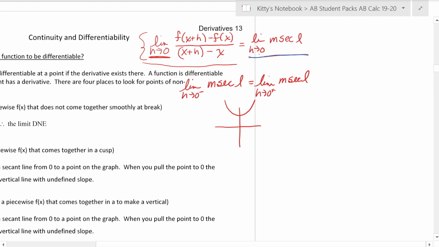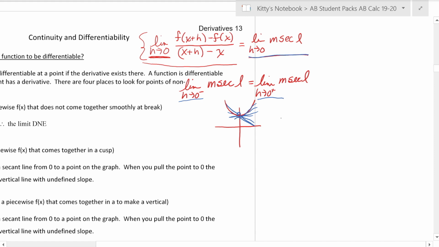Well, a limit can only exist if the limit from the left is equal to the limit from the right. What does that mean? If I want to know about the limit at 0 for this graph, at that little point right there, then as I draw secant lines and bring them in, notice that both sides are approaching a slope of 0 for those secant lines.